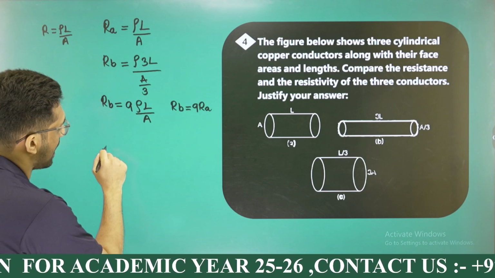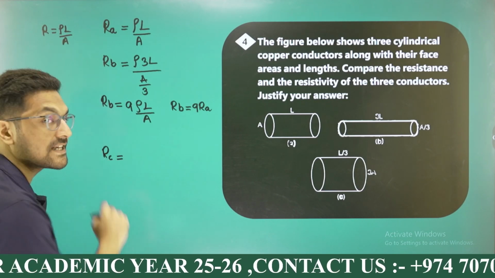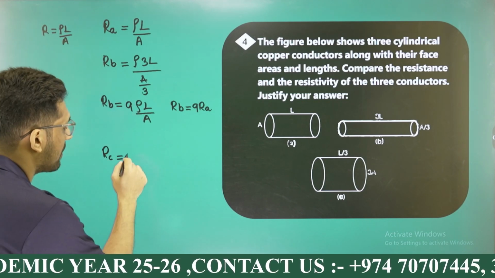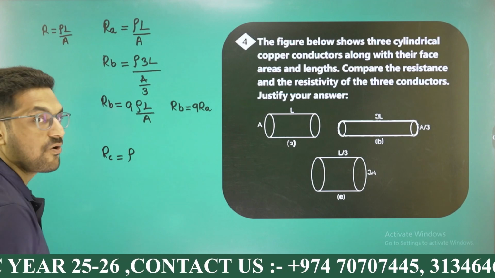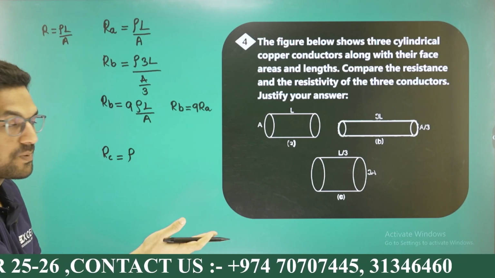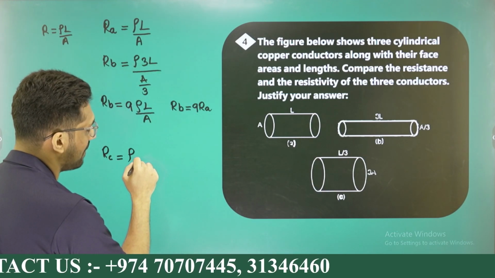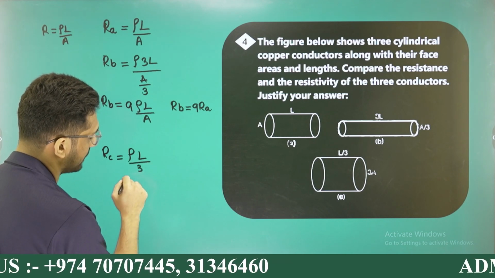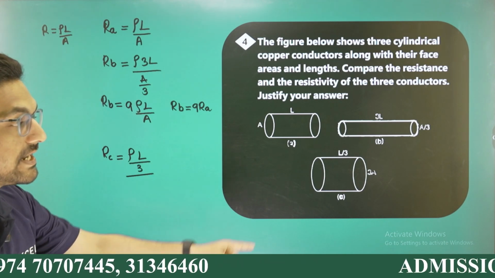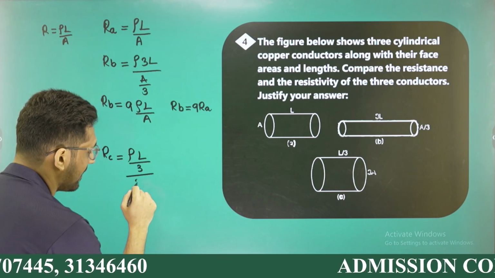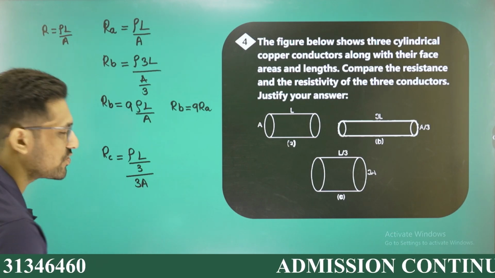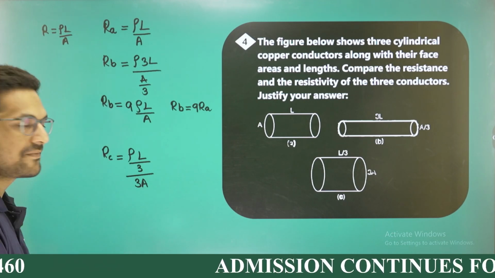Now, what is RC? The resistance of the third conductor. You can write the equation rho L by A. Rho is the same, copper. What is L? L is L by 3. L by 3 by A. What is the area? Area is 3A. How to do this? Take the reciprocal and multiply. What will you get?